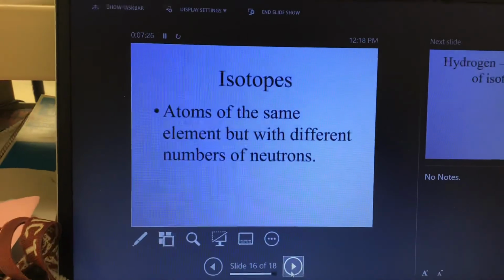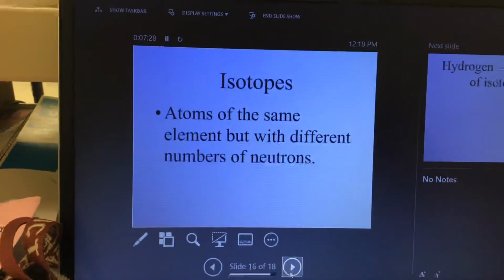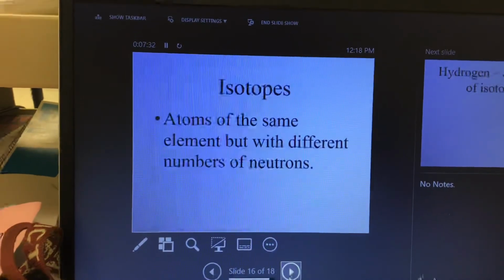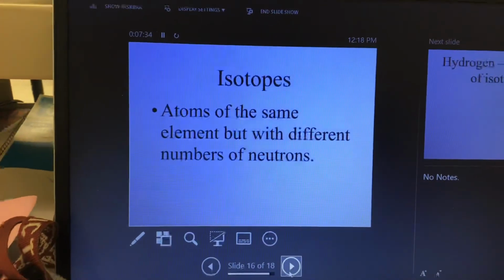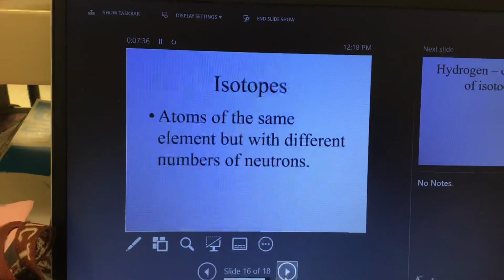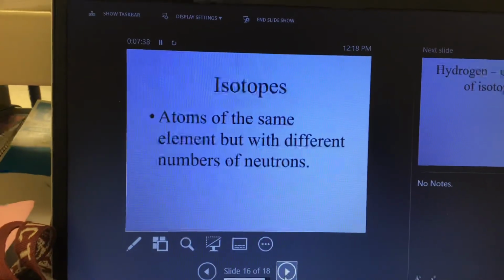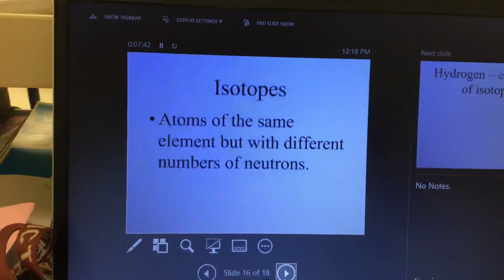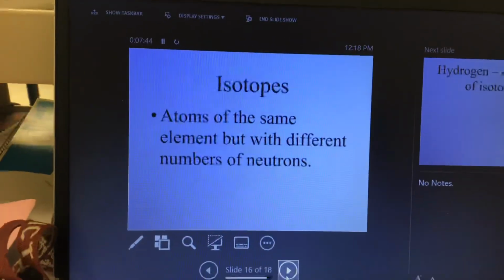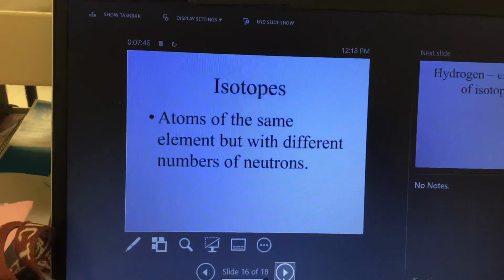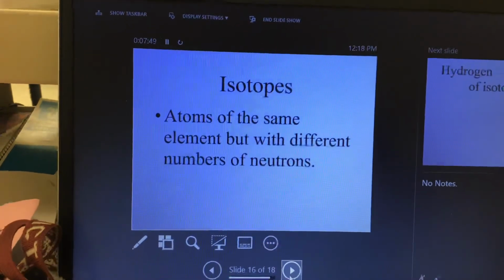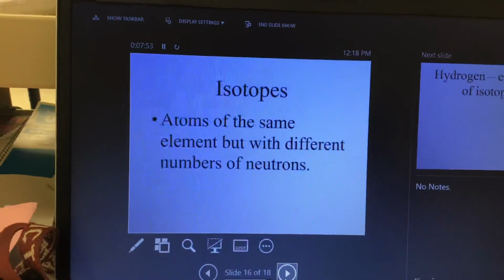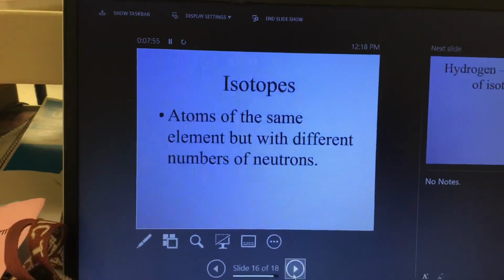Every once in a while there's this weird thing called an isotope of hydrogen that has a neutron. That's what brings the average up. So most hydrogen has no neutrons, but every once in a while there's this weird type called an isotope that has one. And that's why it brings the average, if you look in the periodic table, to 1.01, because it's an average.